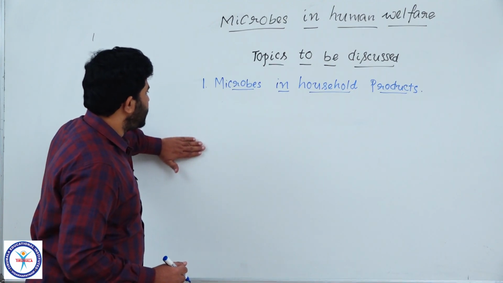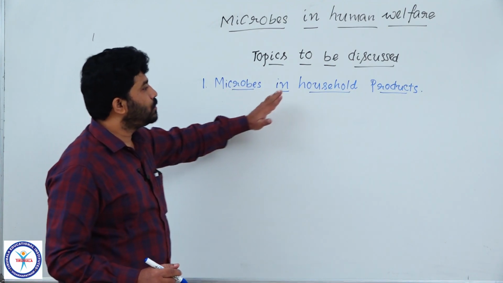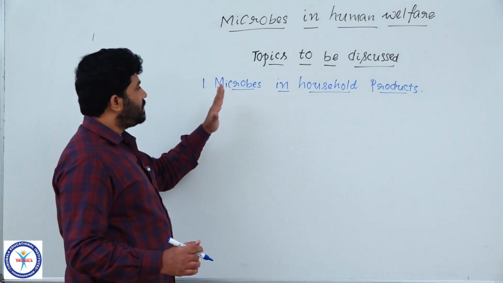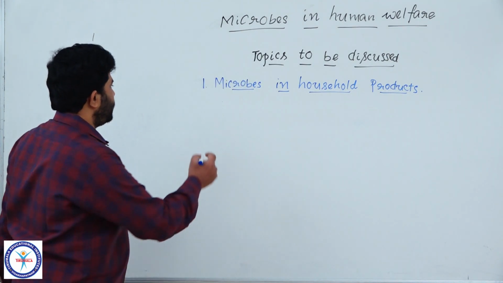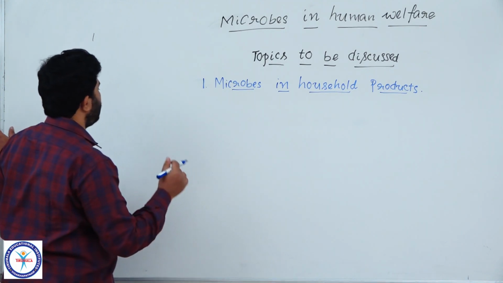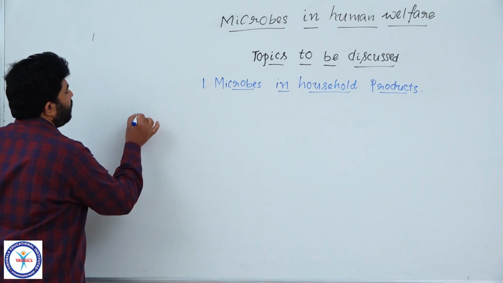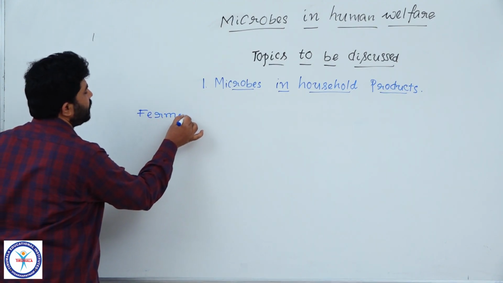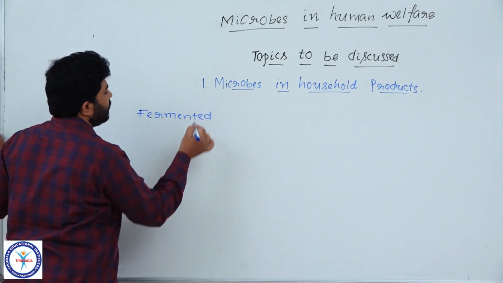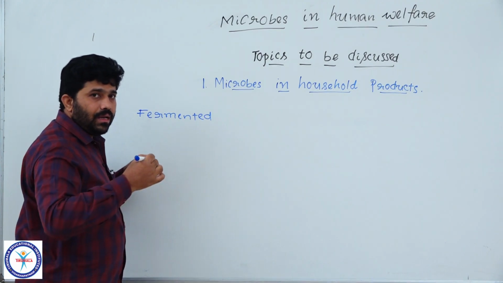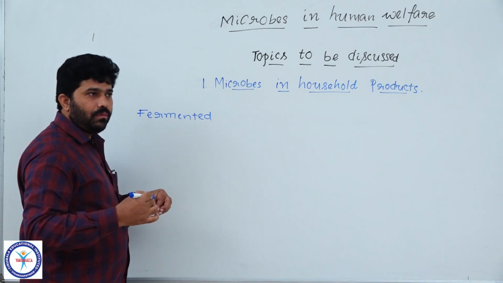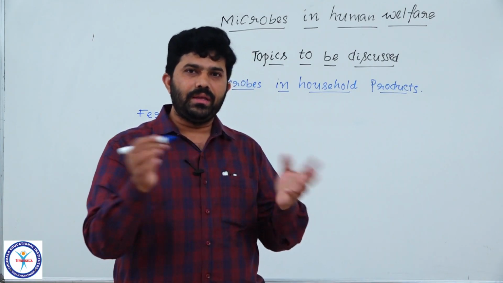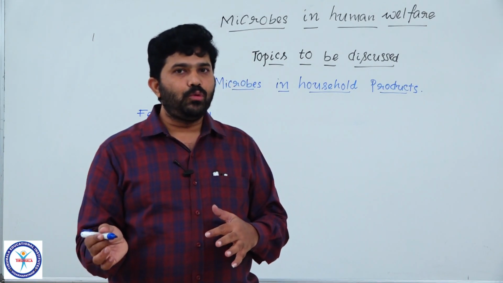We are going to discuss some other household products, how they are produced in the presence of microbes. So now we focus our concentration on fermented fish. This bacteria is also used for fermentation of fish for increased shelf life. Whenever we want to transport fish from one area to another, it may take 2 or 3 days.